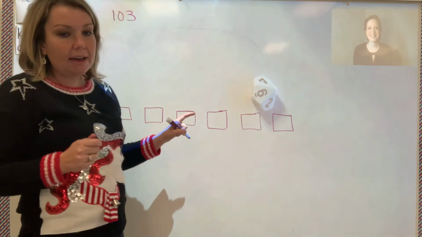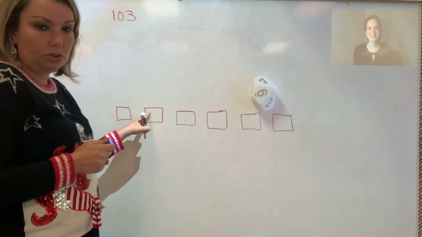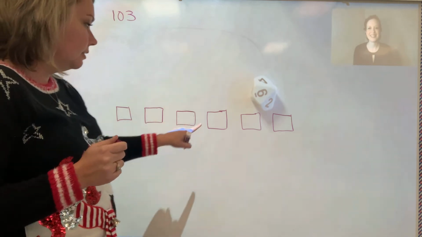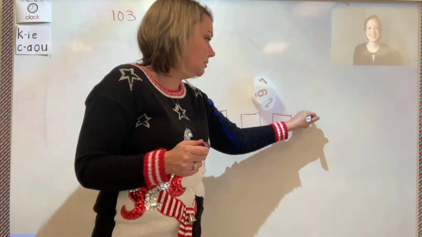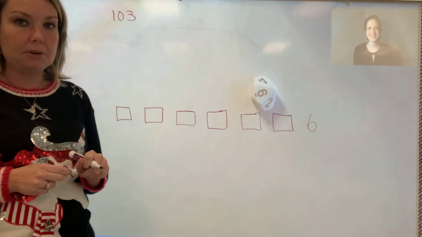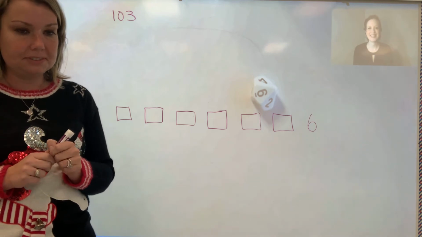Let me make sure I have 6. I need to go back and count. 1, I'm using Legos. That's fine. 3, 4, 5, 6. I have 6. Monkey's tail needs a fix. That's how we write the number 6. You're going to do that on your paper.